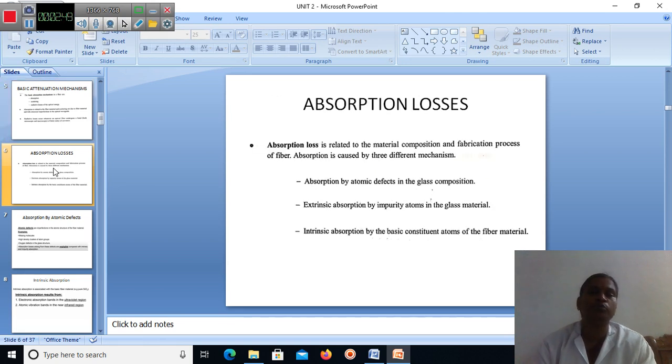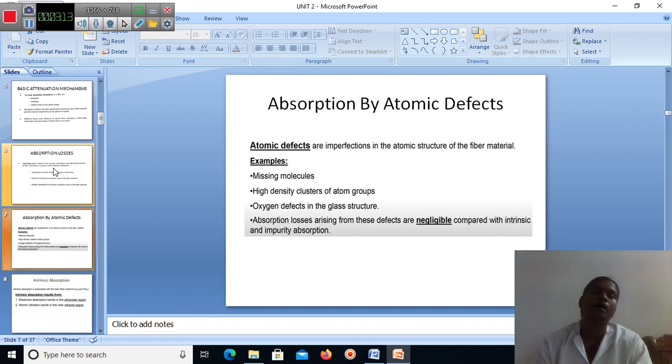First we look at absorption losses. Absorption loss is related to the material composition and the fabrication process of the fiber. Absorption is caused by three different mechanisms: absorption by atomic defects in the glass composition, extrinsic absorption by impurity atoms in the glass material, and intrinsic absorption by the basic constituent atoms of the fiber material.